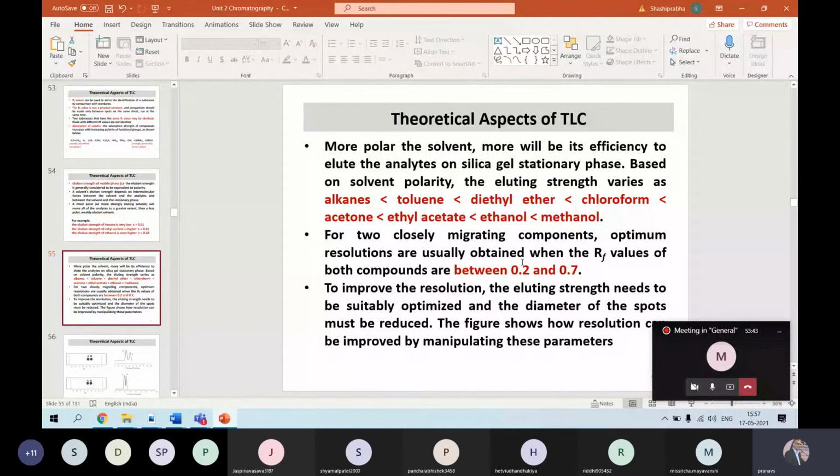It can be 1 if something is completely unretained on the silica surface, if it is highly non-polar, then it might move with the moving phase. But otherwise, the TLC which we accept to be good TLC is when the RF values are between 0.2 and 0.7.